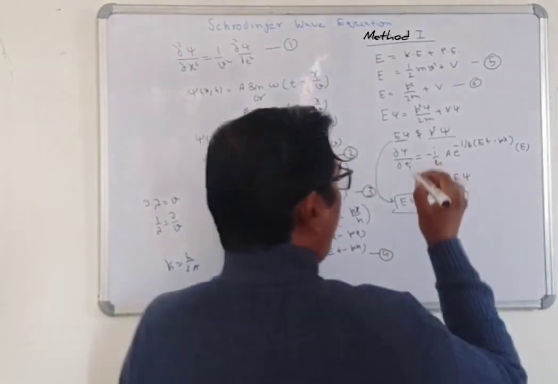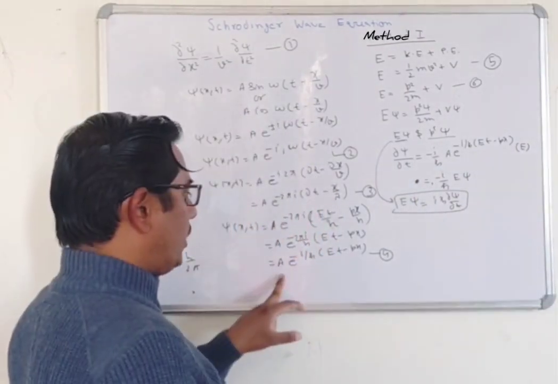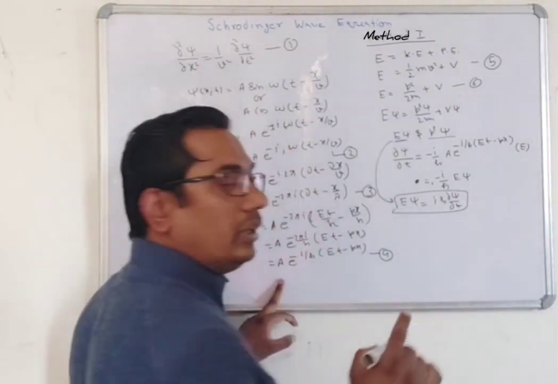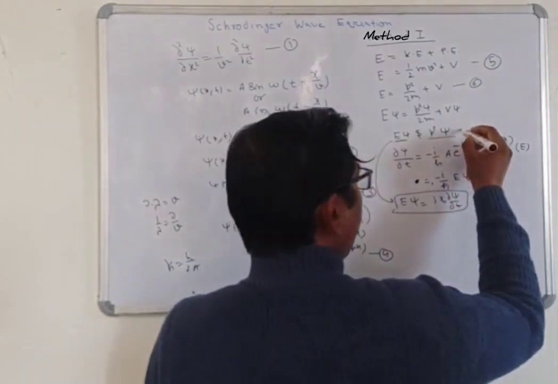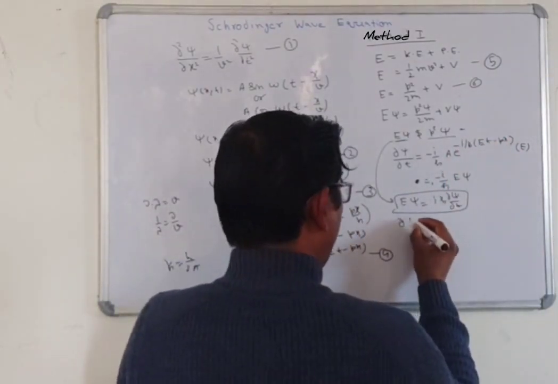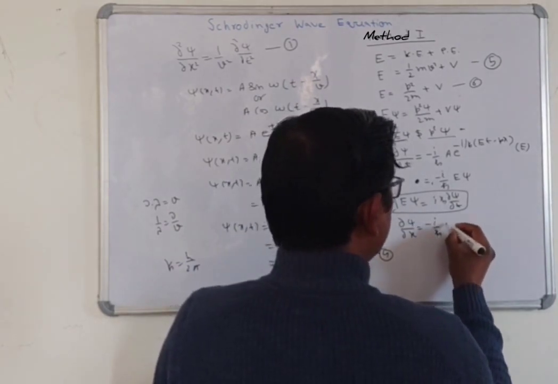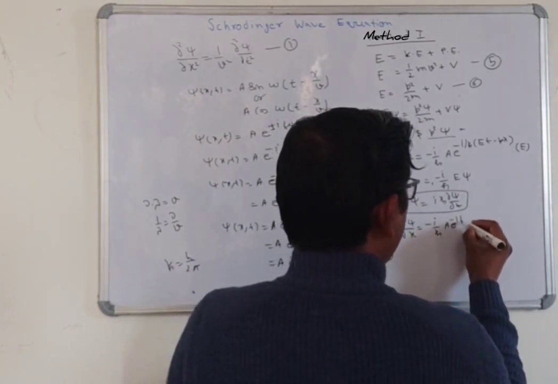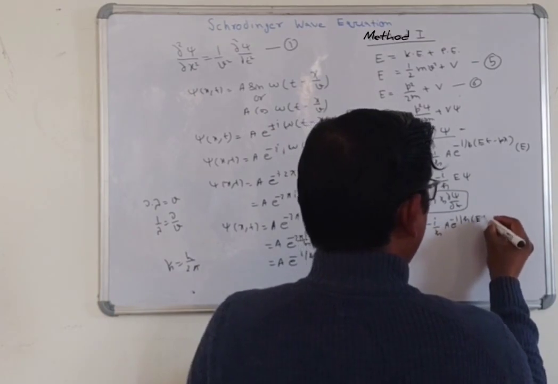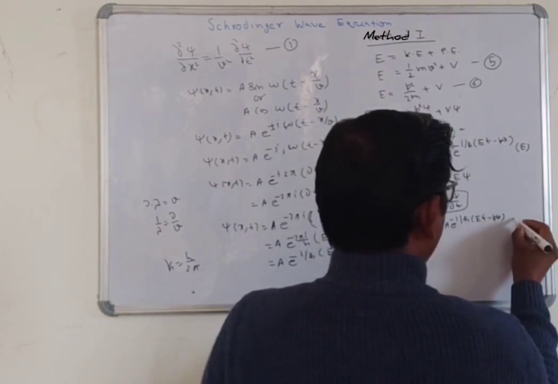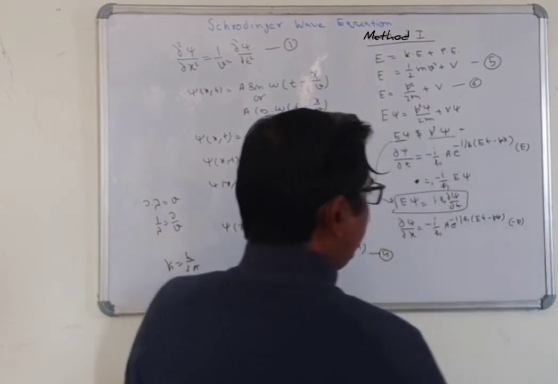Now, when we take the second derivative of equation 4, we will obtain the value of the other term. Now d psi by dx is minus i p by h cut times e to the power i by h cut (Et minus px). Here there will be a minus p.